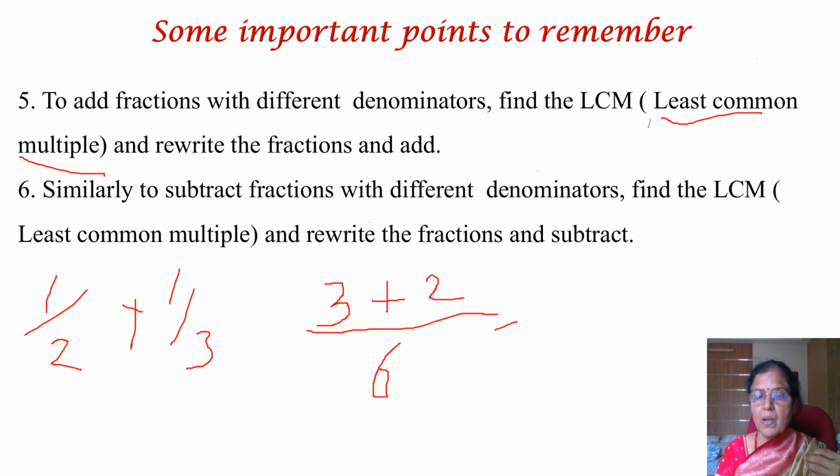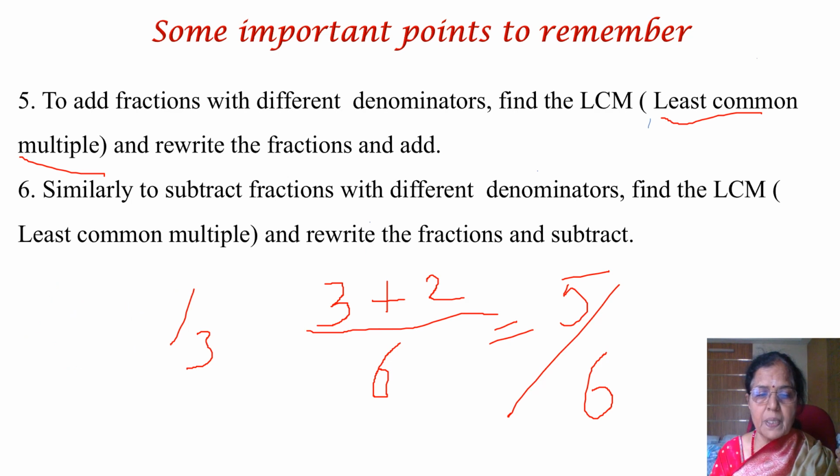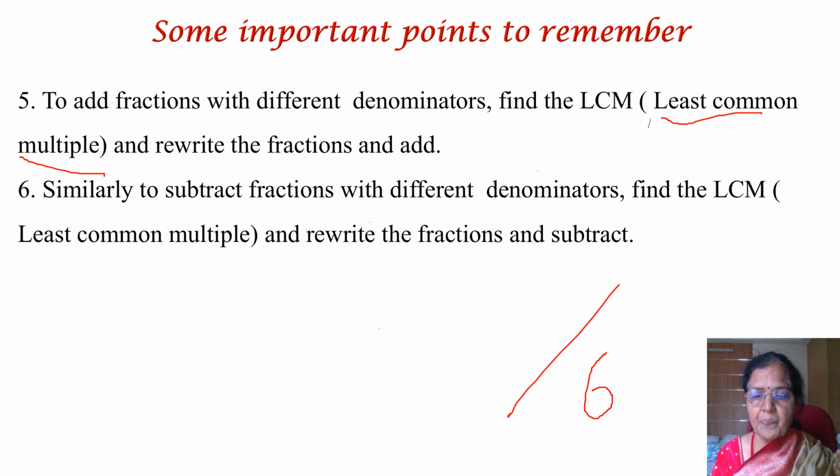It will become 5 by 6. So the most important thing is you have to find the least common multiple. And similarly for subtraction, it is the same thing. You have to find the least common multiple, and instead of addition you do the subtraction.